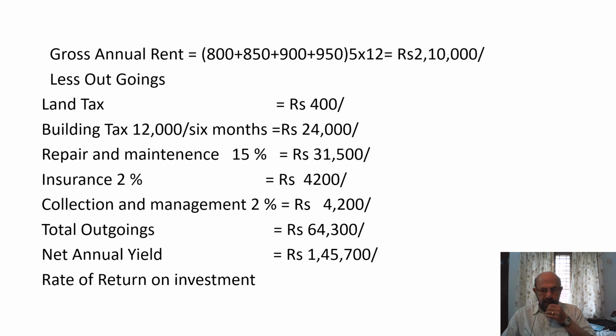So net annual yield is the gross annual rent, rupees 2 lakhs 10,000, minus the total outgoing, rupees 64,300, is equal to rupees 1,45,700.